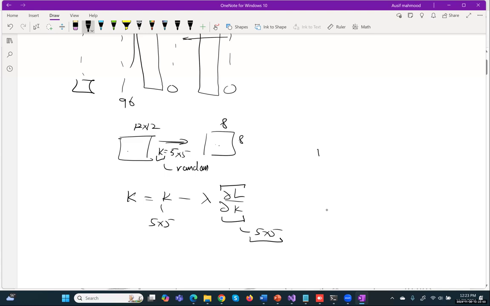What we do is, if we do 12 by 12, when we go backwards, we do a convolution with 8 by 8. So this becomes the kernel when we go backwards. Okay. So if this becomes a kernel, if I do 8 by 8 convolution and 12 by 12, what will I get? I'll get 5 by 5.